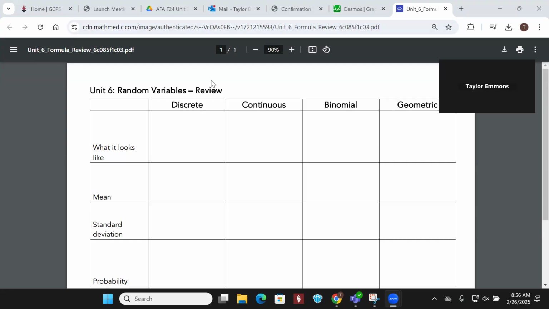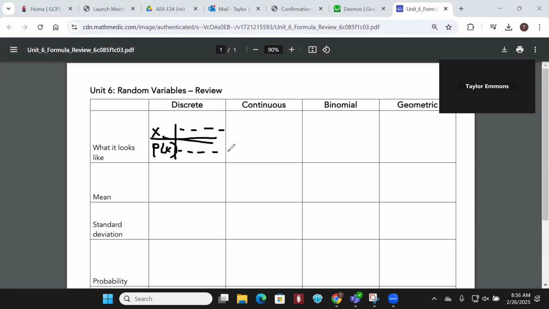So what is it going to look like? You're probably going to see this in the form of a table. With that table, you'll have a certain amount of values, and then you'll have those corresponding probabilities. That's what your discrete is going to look like.